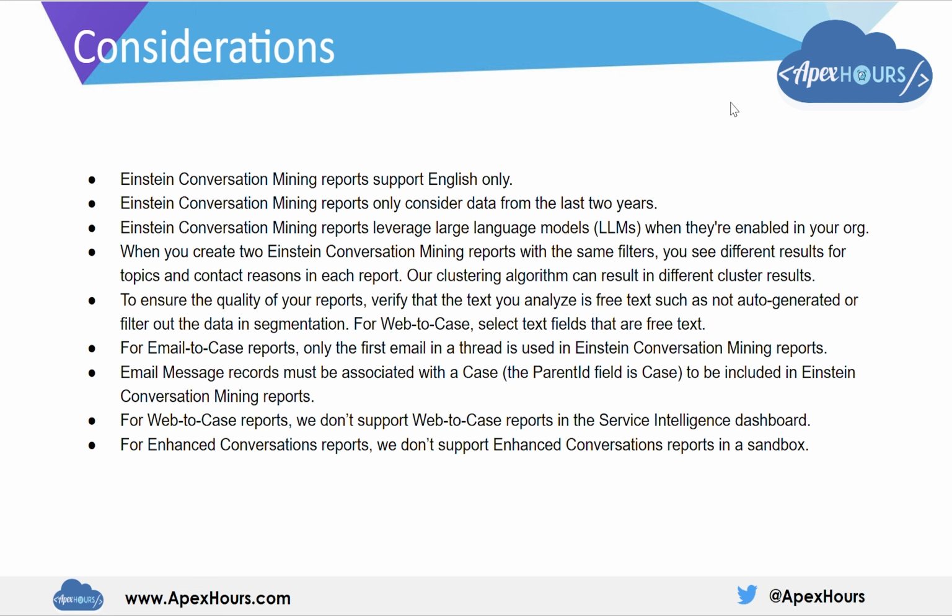Why? Because it's machine learning and AI, so the clustering will be decided by the AI dynamically. It's like giving the same prompt to any of the GPTs out there: we will not expect the same kind of response, right? It's a similar thing here.